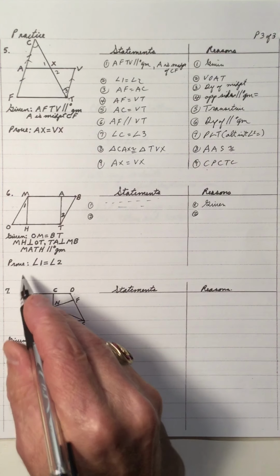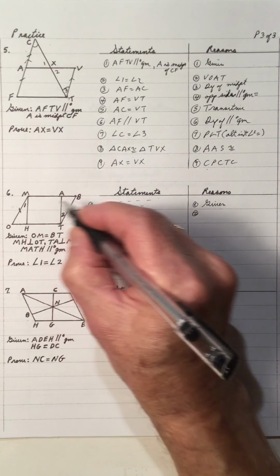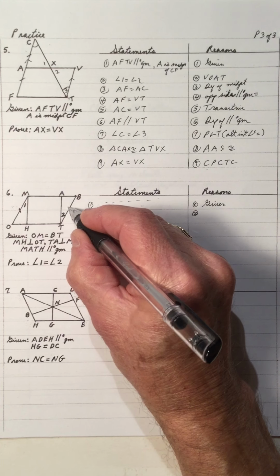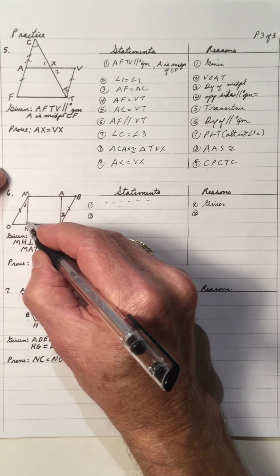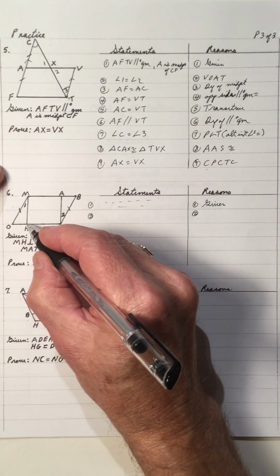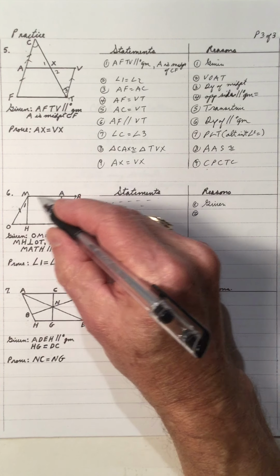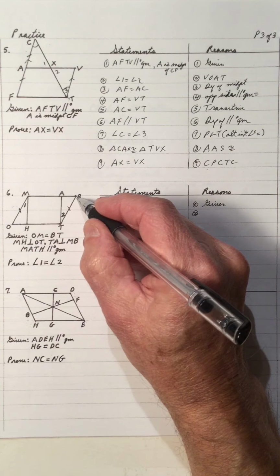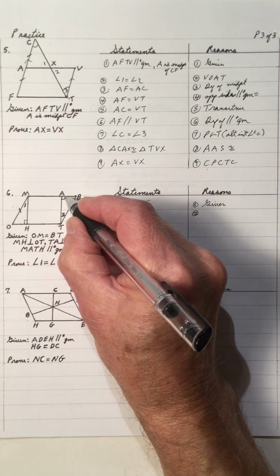Now, how do I got OM is equal to BT. I have a perpendiculars. MH is perpendicular to OT. TA is perpendicular to MB. So perpendicular, let's put a perpendicular there and there.